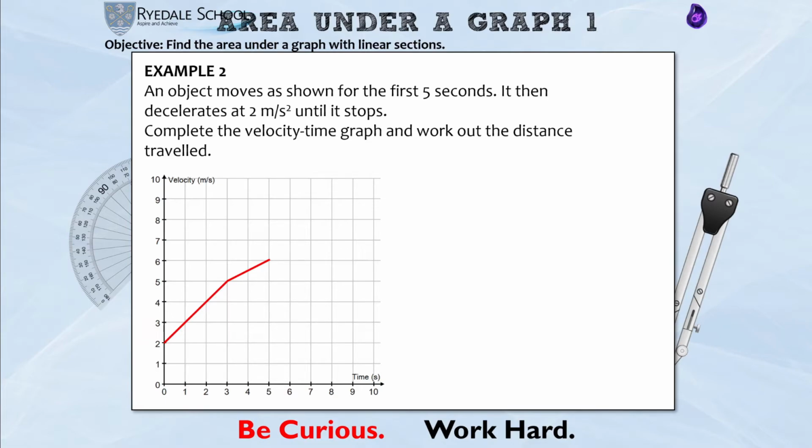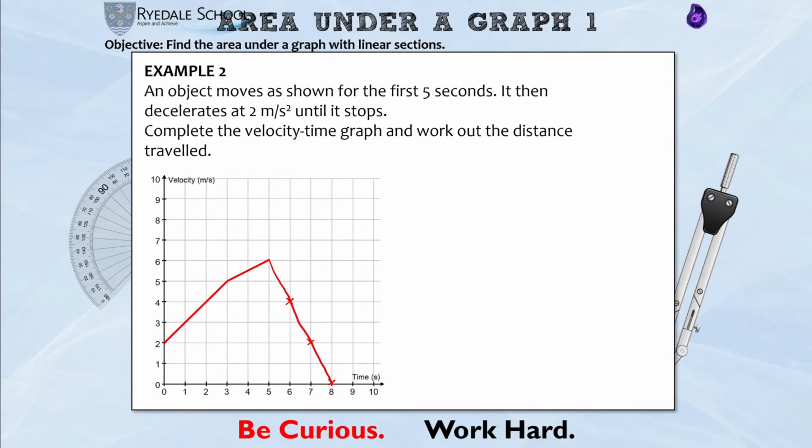So that means the velocity will reduce by 2 meters per second every second. So if we are finishing that graph off, and you will use a ruler, we need to draw that straight line in place. So that is the first bit of this question finished.